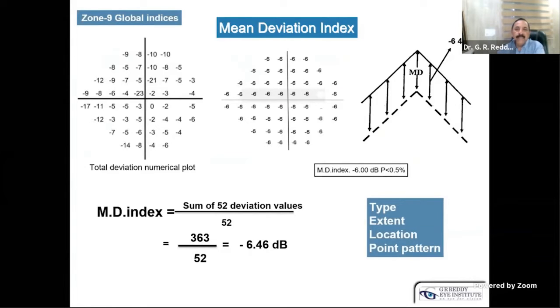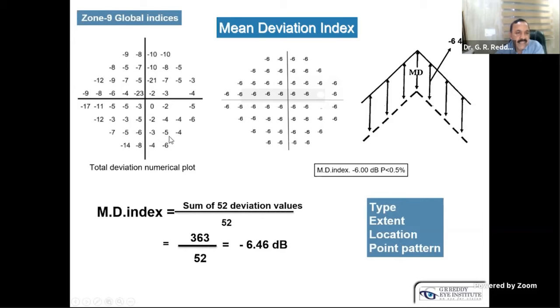Now we talk about the mean deviation index. The mean deviation index is derived from the total deviation numerical plot. It is the average of all the points except the 2 points of the blind spot. Out of 54, 2 points are eliminated, and 52 points are taken into consideration.